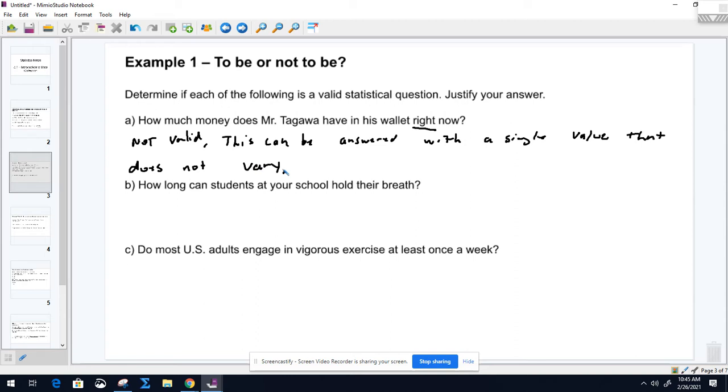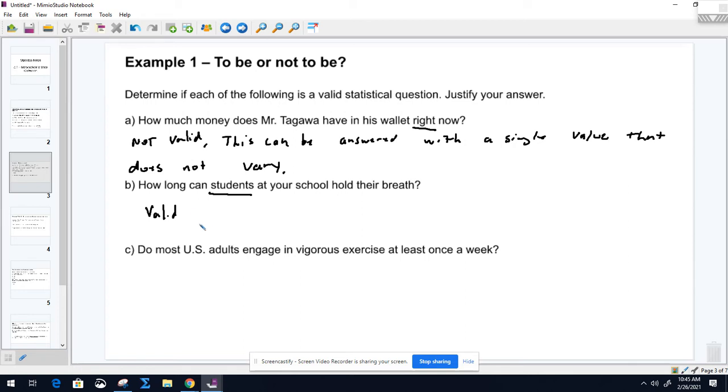Okay, so part B is how long can students at your school hold their breath? Because we're dealing with students, okay, then this would be a valid question, because it's going to vary.